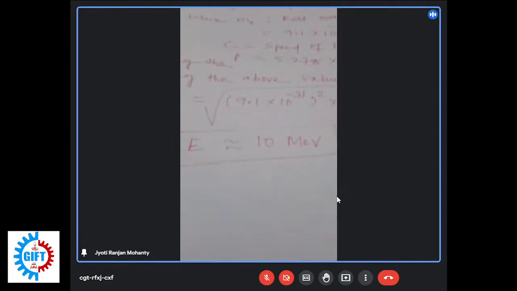Remember, huge amount of energy, mega electron volt. So that means if electron exists inside the nucleus, its energy must be of the order of 10 mega electron volt, because we have taken the assumption electron is present inside the nucleus.